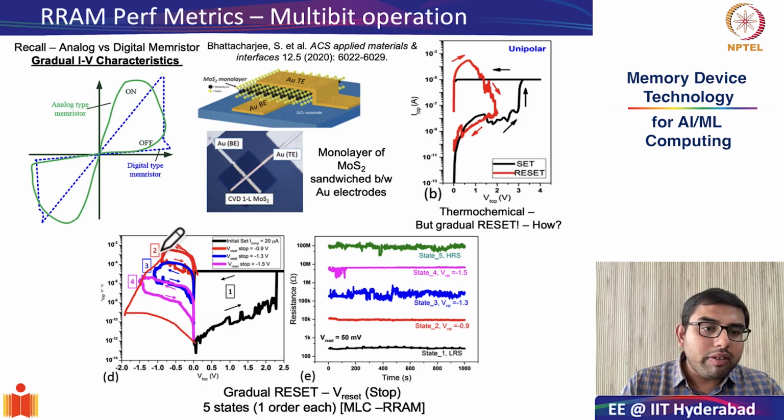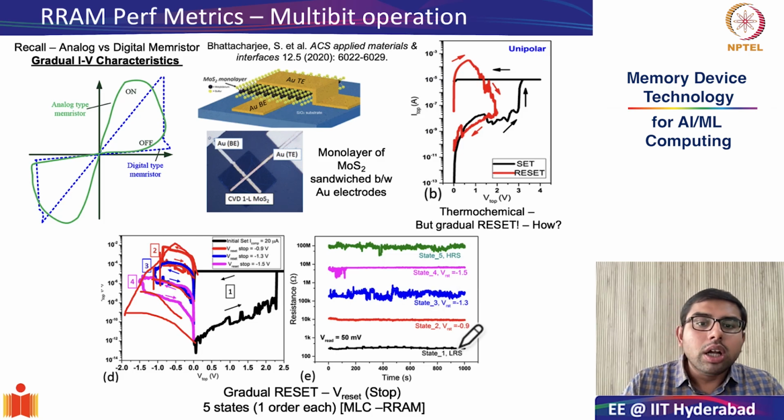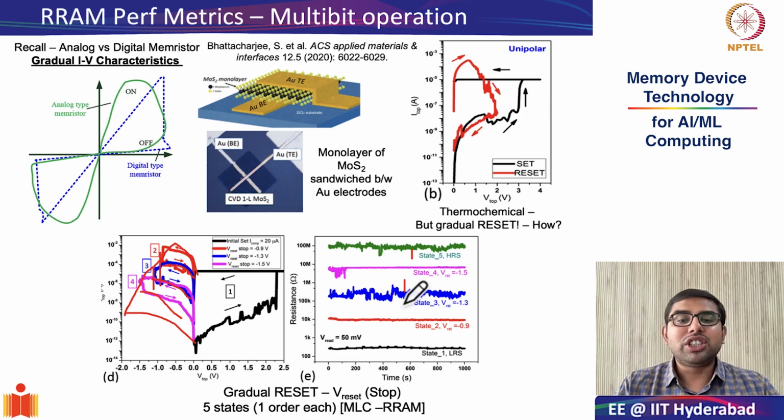You can stop the device at different reset voltages, thereby gaining access to multiple non-volatile resistance states. And as we had shown in this paper, we can demonstrate at least 5 states which are separated by 6 orders of magnitude. So you have sufficient noise margin between the states also. So this is a demonstration of the thinnest possible MLC RRAM at that particular time.